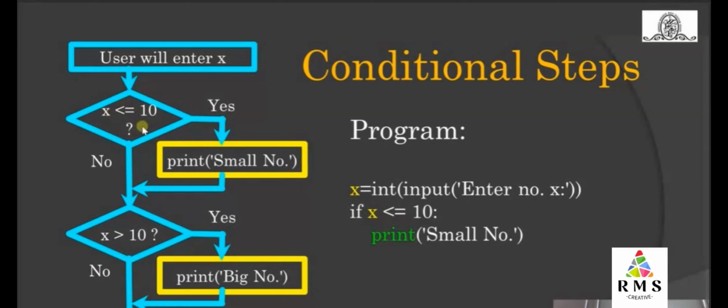We are checking it. Print small number. Just take note of this indentation, this space. This indicates print small number is within this particular if statement. That is, print small number will be executed only if x is less than or equal to 10.